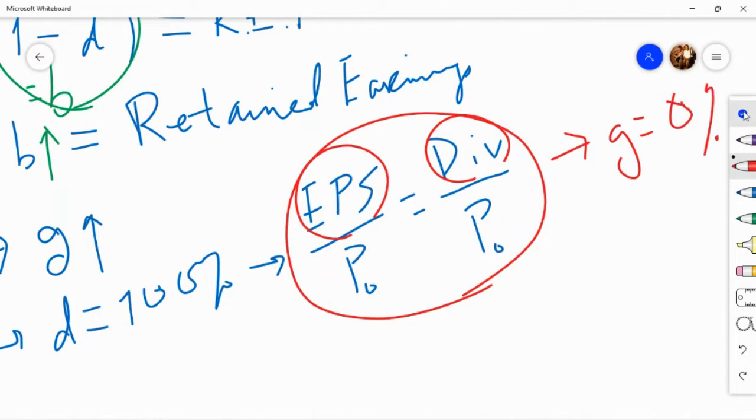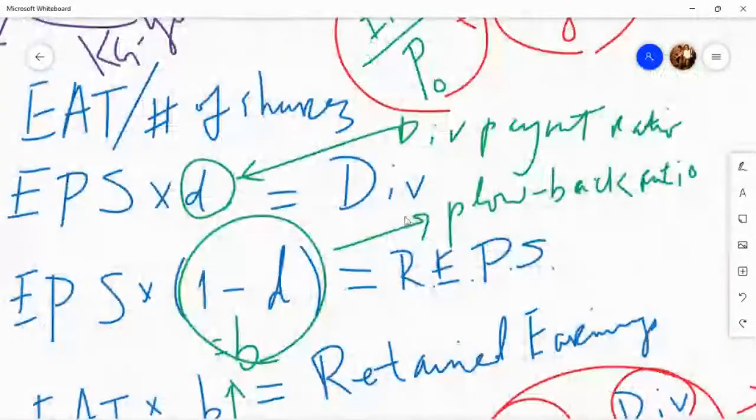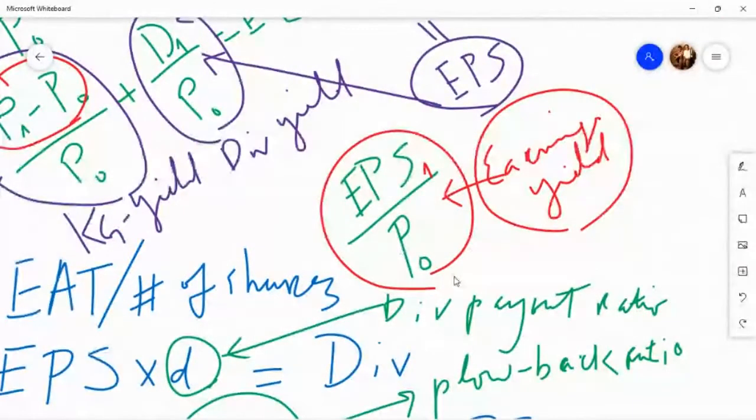So this is the problem. Although I've been telling you earnings yield is a good metric of earnings power, if you have high earnings power, you should use that for growth.